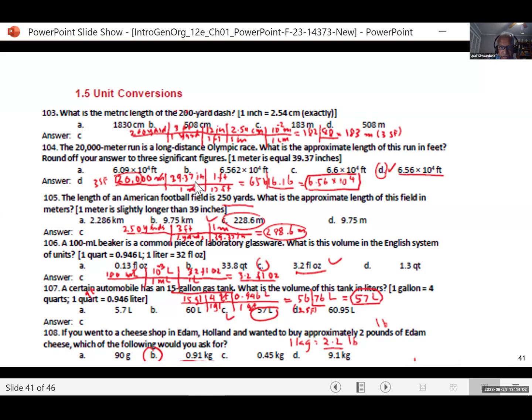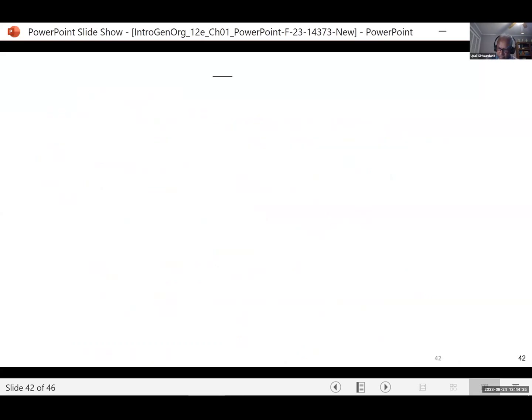Meters to inches: this is given here, the conversion factor. 1 meter is 39.37 inches. Then inches to feet, there are 12 inches in a foot.